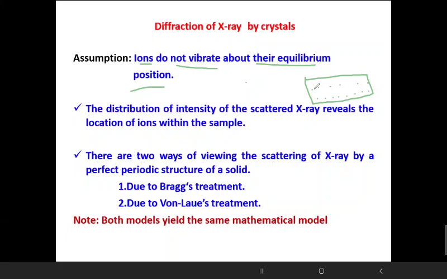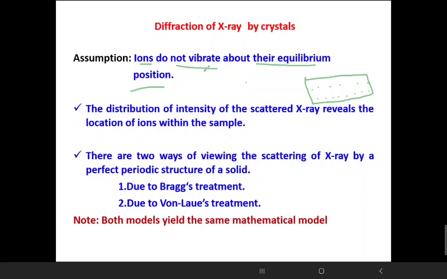If you consider that vibration, you cannot find the perfect diffraction pattern, because of the vibration there may be some changes in the diffraction pattern. So that's why here we are assuming that ions do not vibrate about their equilibrium position. We are neglecting the personal vibration of the atoms or ions.